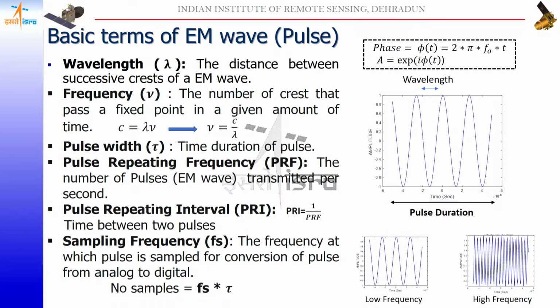The next term is the sampling frequency. The sampling frequency is the frequency at which the pulse is sampled for conversion of the pulse from analog to digital. In analog to digital conversion, we want to find the number of samples. The number of samples is given by the sampling frequency times the pulse width, Fs into tau.